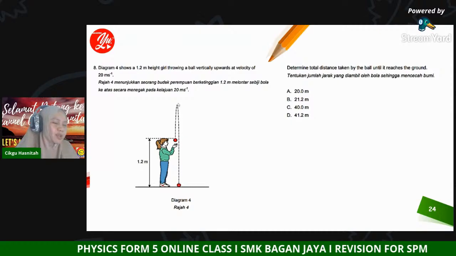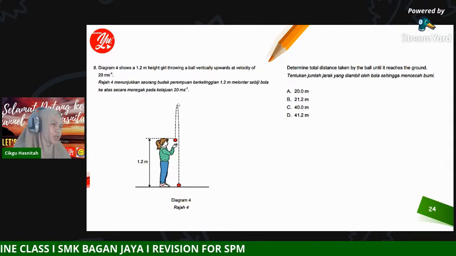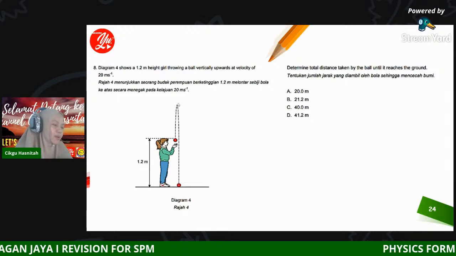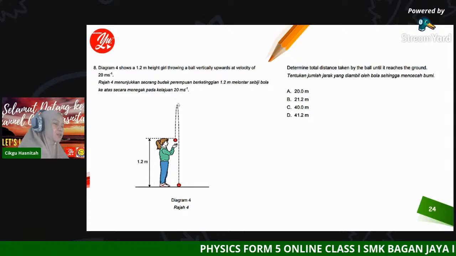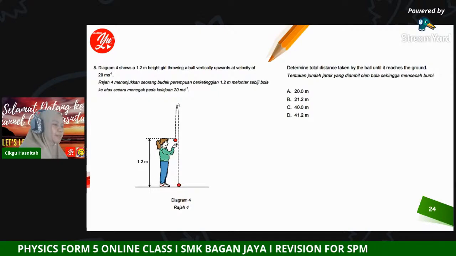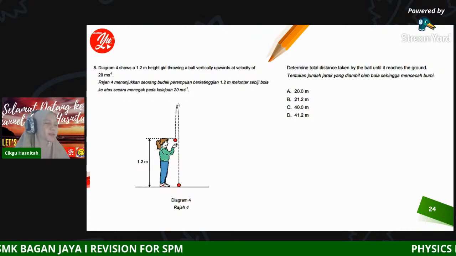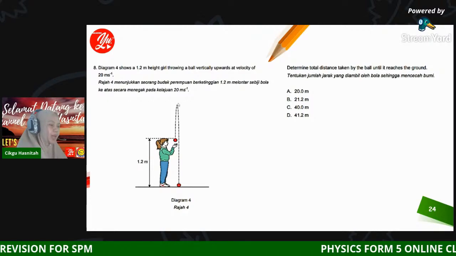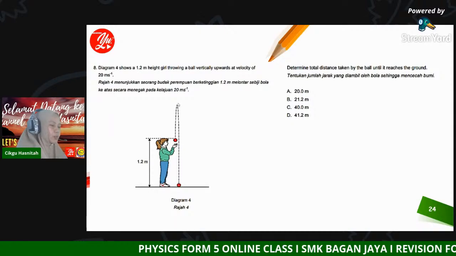We cannot use T because T is not given. So we can use the linear motion equation which supplies U, V, S, and A. Okay, so V squared is U squared plus 2AS. V squared is 0.